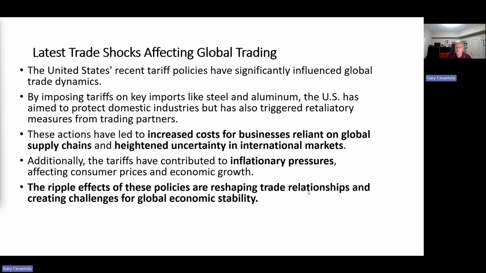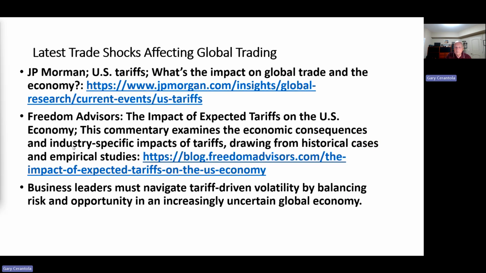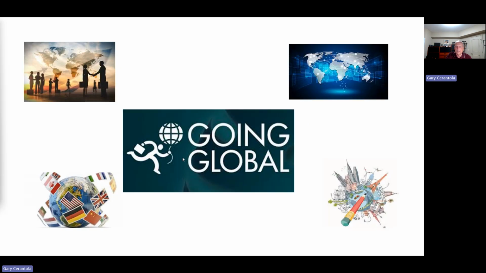Okay, here are some pieces highlighting what's going on. Not part of any kind of test, but it's to give you a sense that this is a new age that we have to work through. In the last 10 years, it's been fairly stable growth year over year, with more developing countries getting growth and capability to trade on a global basis. This can really mess things up over the next little while. So get ready for it.